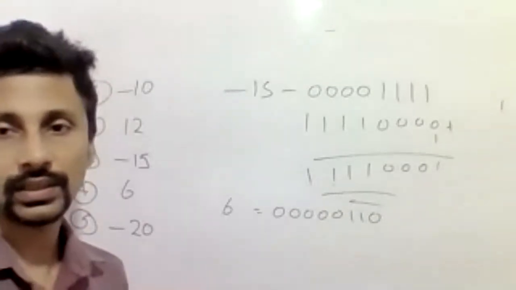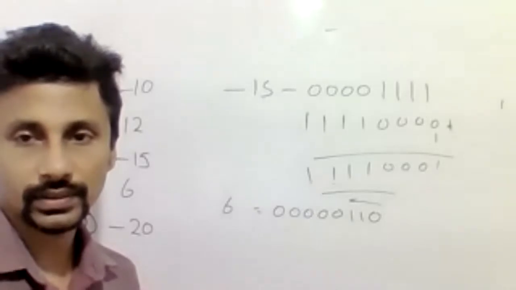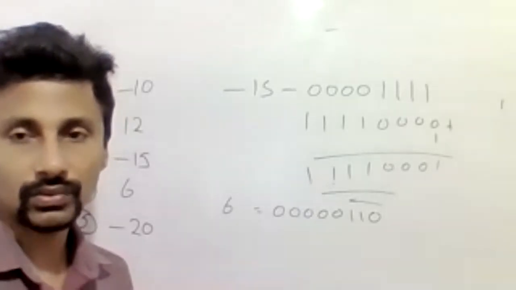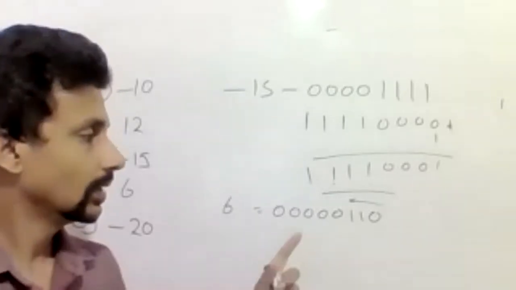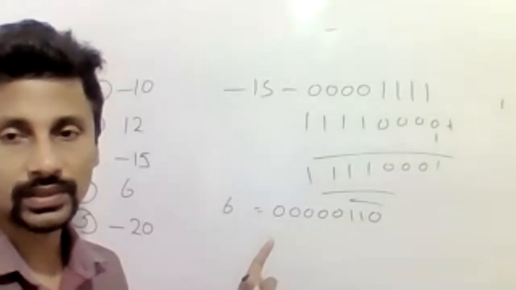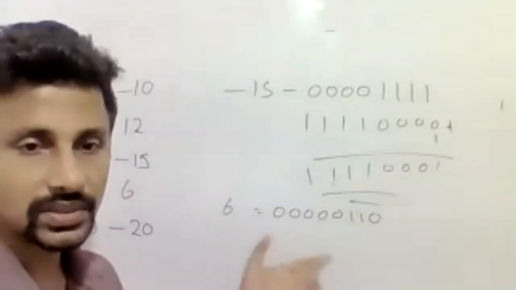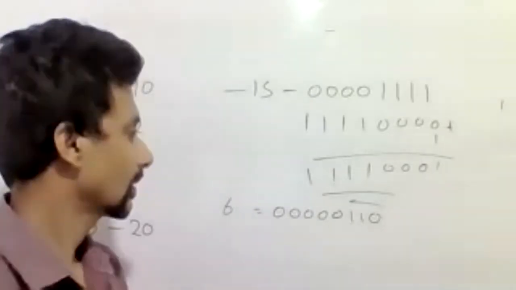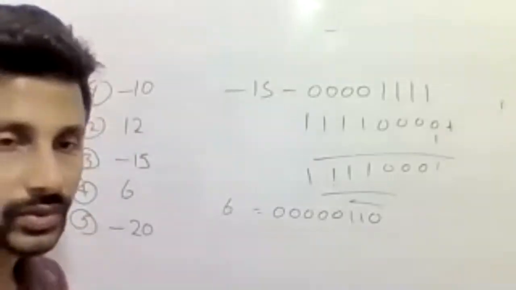Some of you have made mistakes. Check your answer. You don't need to convert the bits. Some of you have converted the bits. So without converting, you can just represent them as positive 6.